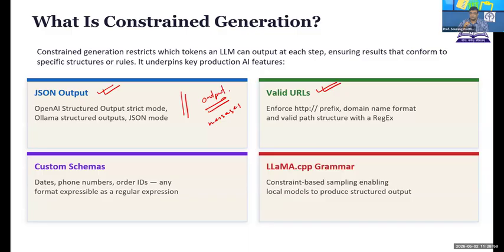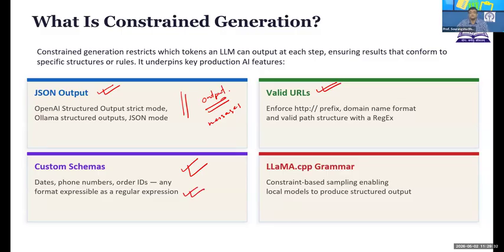What we are talking about is when you decode the tokens, there is a text that is generated. This text should be, let's say, a formatted JSON output. Maybe you want to generate custom schemas like dates, phone numbers, order IDs, etc. You want them to follow a particular regular expression.